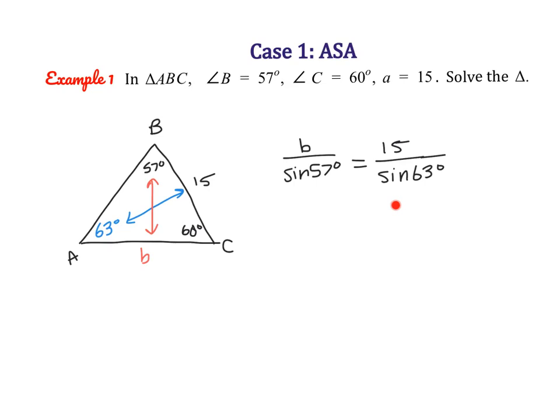Just make sure your ratios match side over angle, side over angle. And now we can multiply both sides by sine of 57. And then this is what you would plug into your calculator. And we would get approximately 14.1.